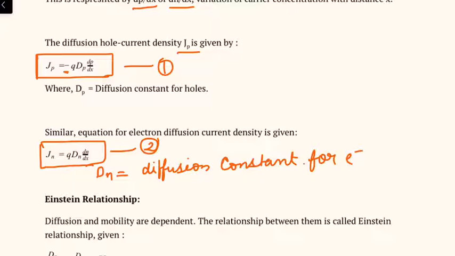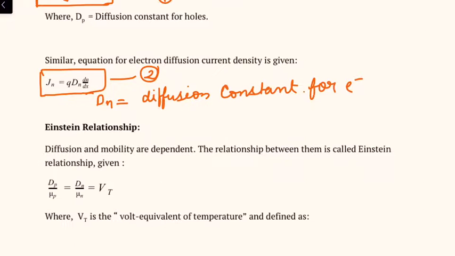Now we will see the Einstein relation. Here the diffusion constants Dp and Dn are defined, and diffusion and mobility are not independent; the relation between them is called the Einstein relationship. So Dp/μp equals Dn/μn equals Vt.